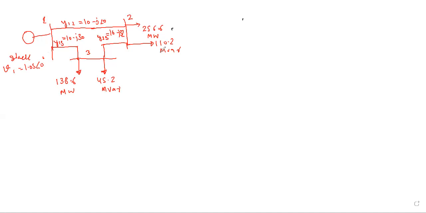Now the scheduled load: what was the value of S2 scheduled? It is in the form P plus jQ.